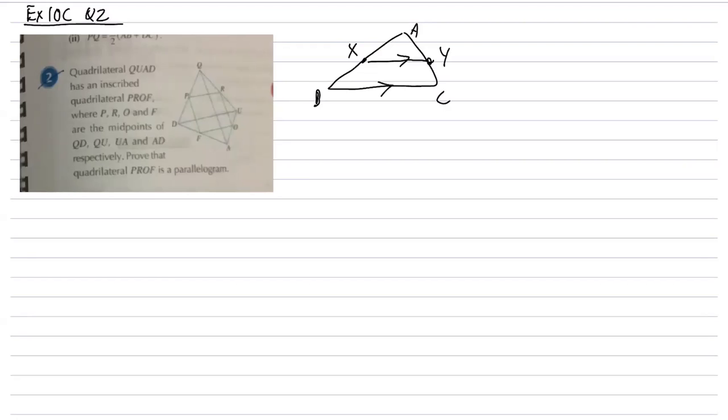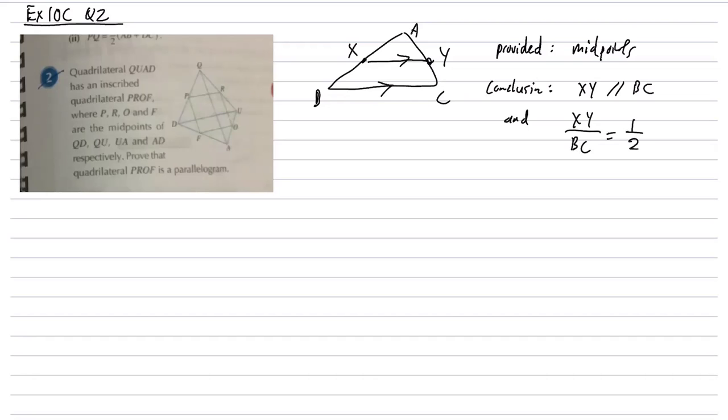Okay, so you need to be provided with midpoints, and your conclusion is that XY is parallel to BC, the bottoms of these two triangles are parallel, and also that XY over BC has a 1:2 ratio.